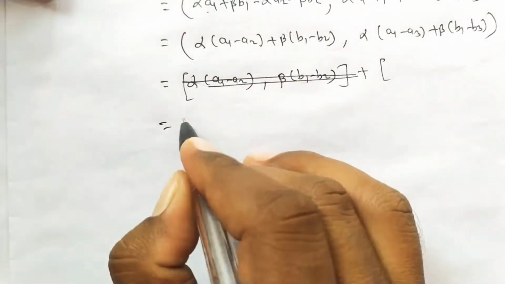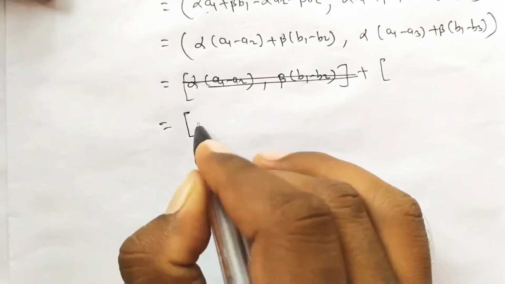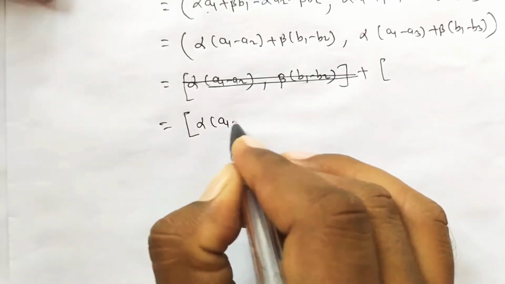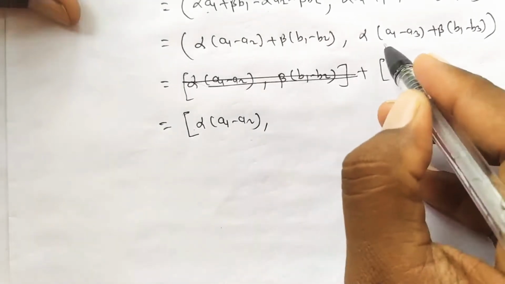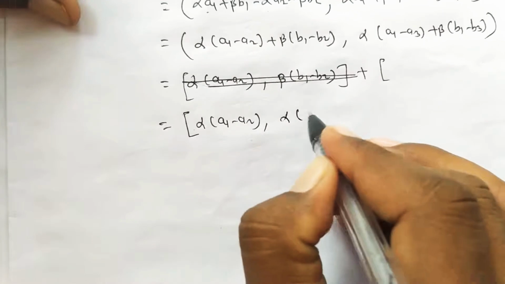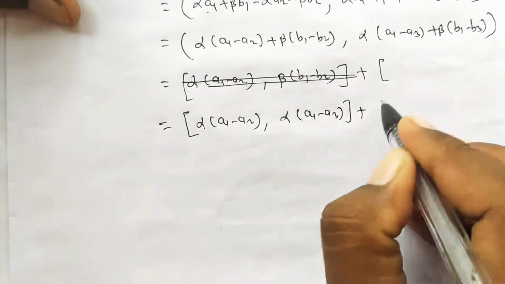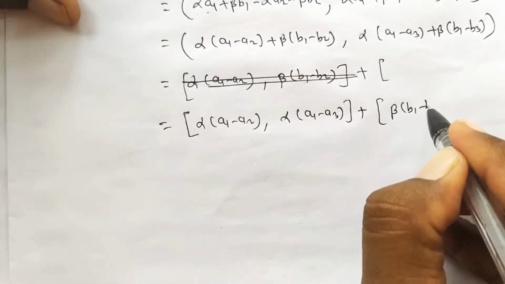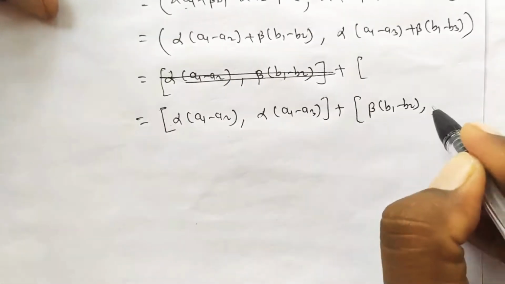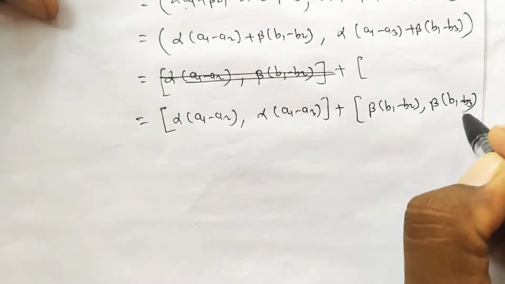We want alpha, so in the first ordered pair we write alpha into (a1 minus a2), comma, second we write alpha into (a1 minus a3), and plus the same for beta: beta into (b1 minus b2), comma, beta into (b1 minus b3).